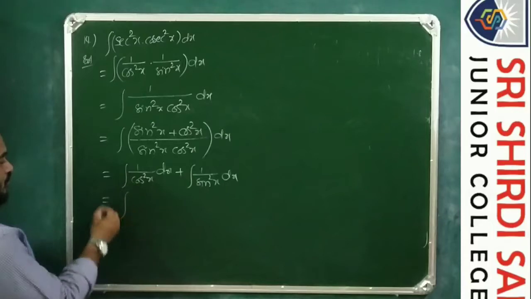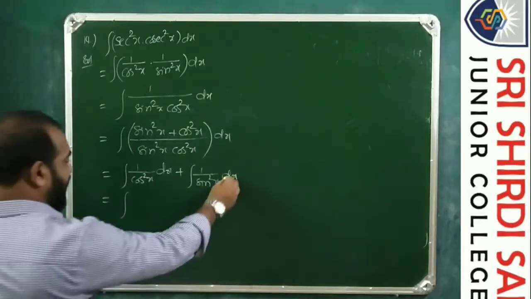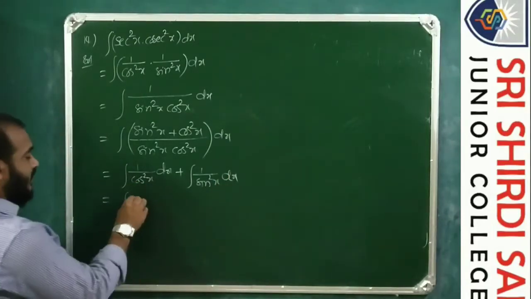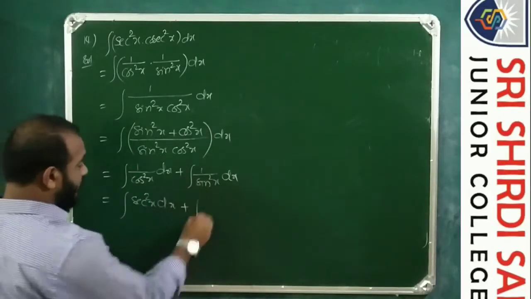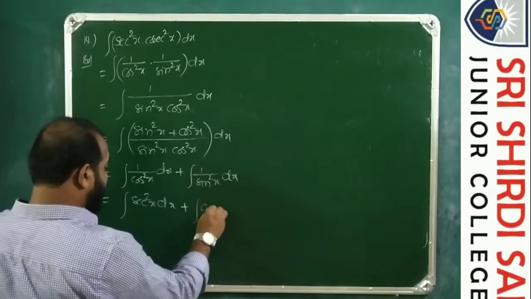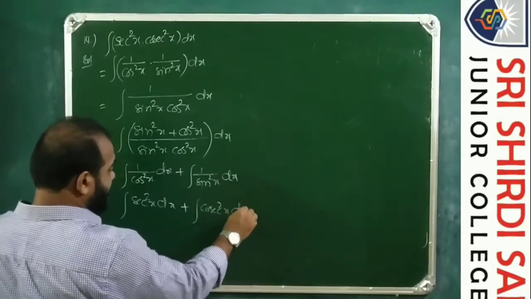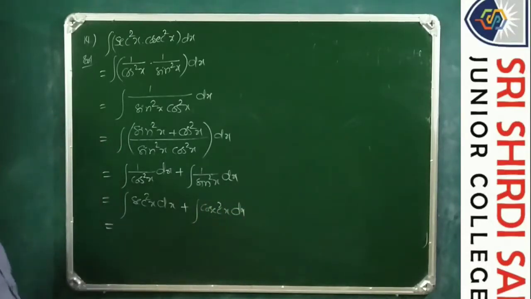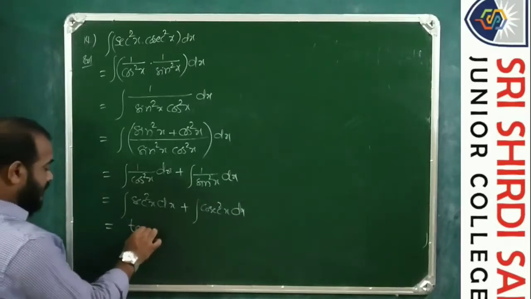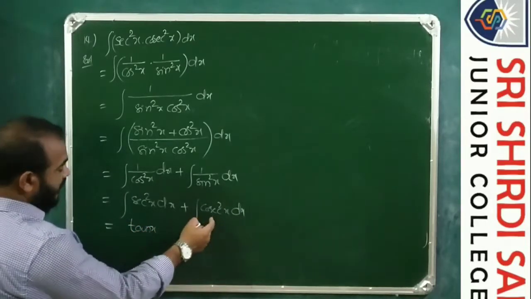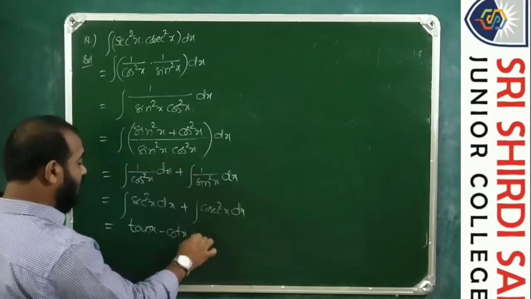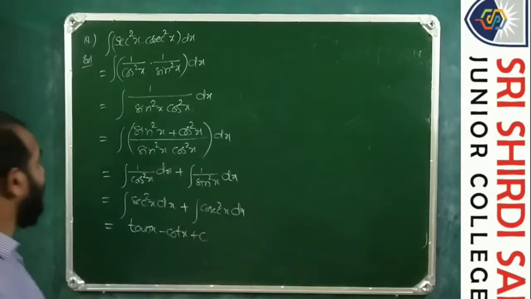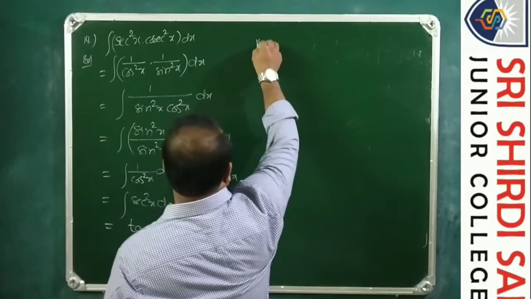So this is equal to integral 1 by cos² x dx is sec² x dx plus 1 by sin² x is cosec² x dx. Integral sec² x dx is tan x minus integral cosec² x dx is minus cot x plus constant of integration c.